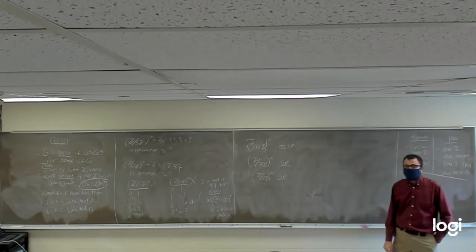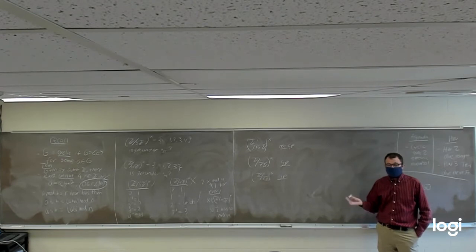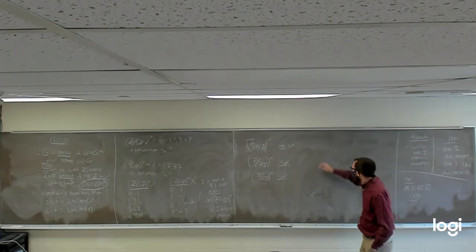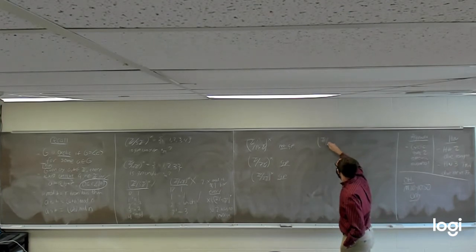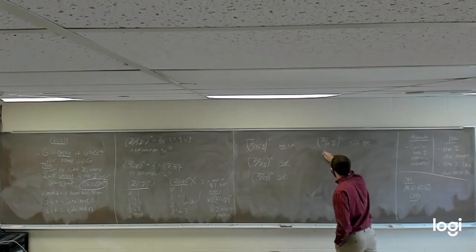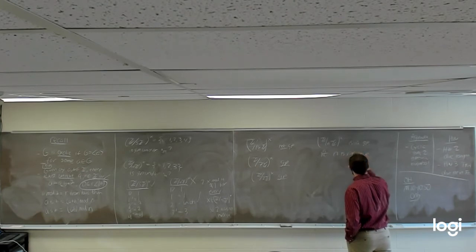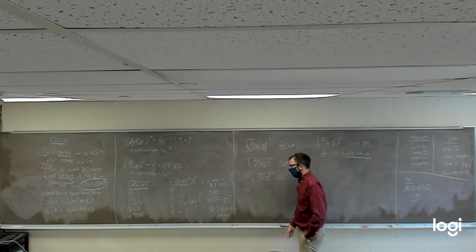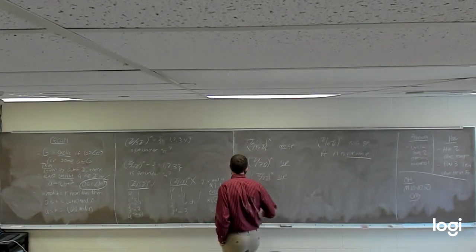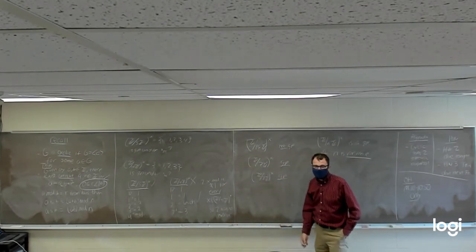Z mod nZ, if you take away 0, will be a group under multiplication if and only if n is prime. So that's why it works for 5, it works for 7, it works for 2, but it doesn't work for 4 or 15.